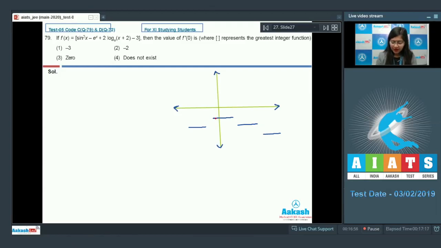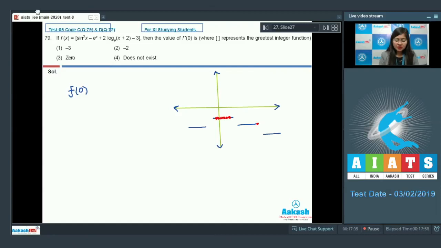For example, if I take these points, here f dash x is 0, right? That is, the slope is 0 at this point. But if I talk about this point, then on the left hand side and right hand side, values are different. So f dash x does not exist at these points. So now we just have to check the value of f of 0, f of 0 plus and f of 0 minus, right?